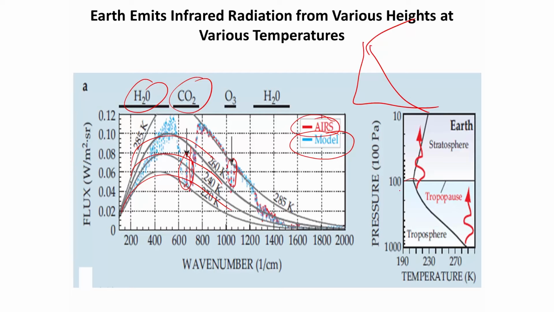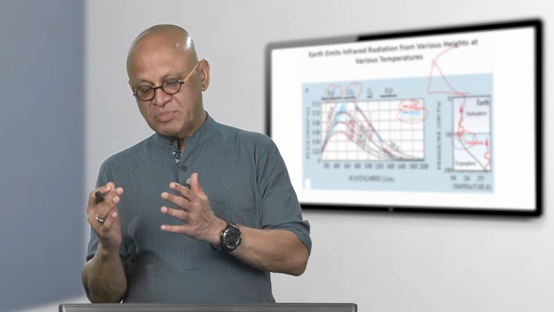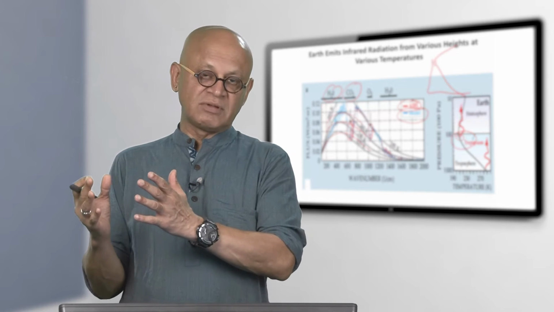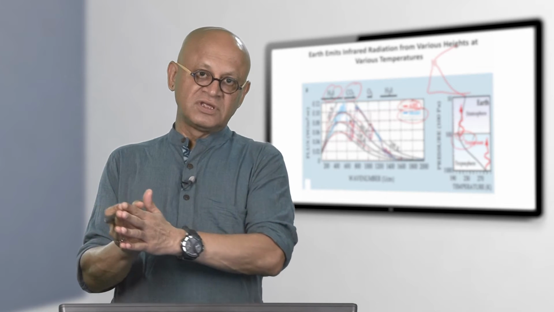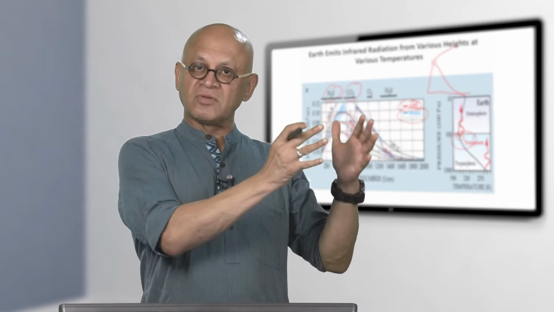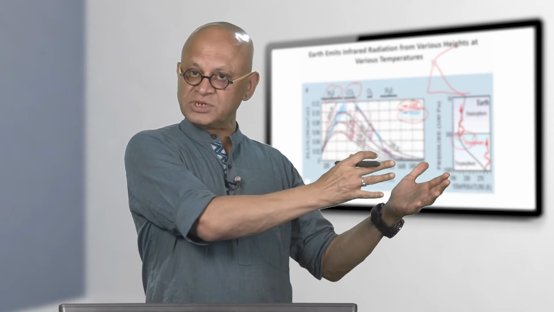But the effective emission happens somewhere around 6.5 to 7 kilometers, and what temperature it happens at depends on various things like where you are on the planet, because the temperature at 6.5 kilometers will be very different in the tropics compared to the subtropics or mid latitudes or the polar regions.